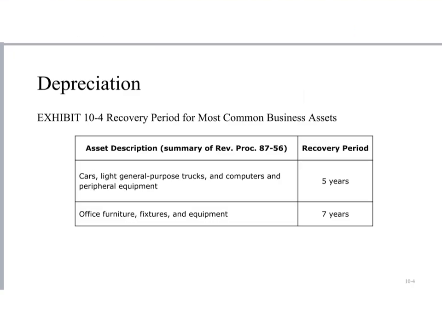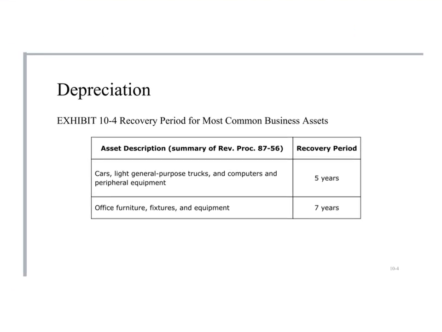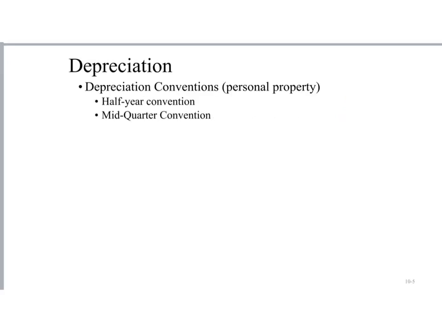There are also smaller portions of that same revenue procedure in that MACRS table, and this again is the column that we're concerned about. Okay. Now, when we're talking about personal property, you have 2 conventions.